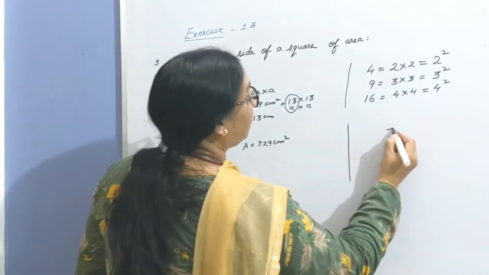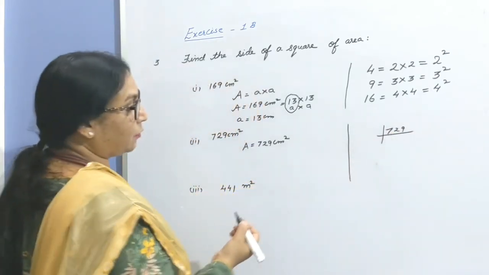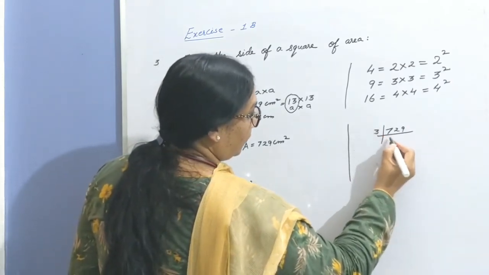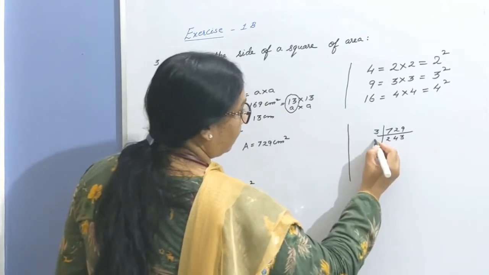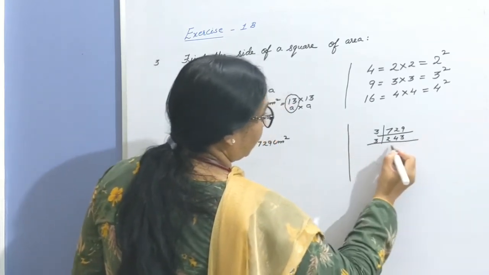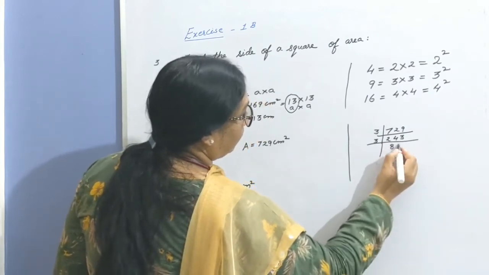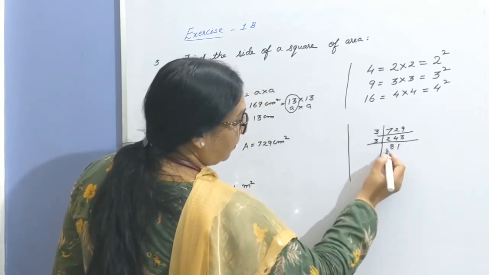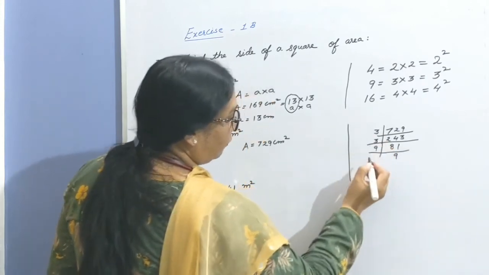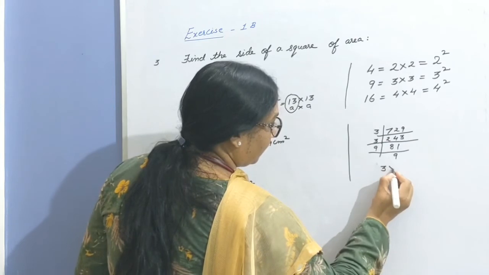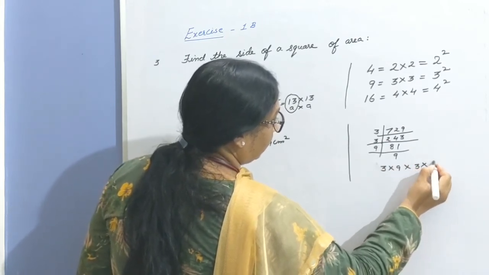So take 729 and start finding its prime factors. 3 times 2 is 6, 3 times 4 is 12, 3 times 3 is 9. Again 3, 3 times 8 is 24, and 1. And 81 is the perfect square of 9. So 9 into 9.